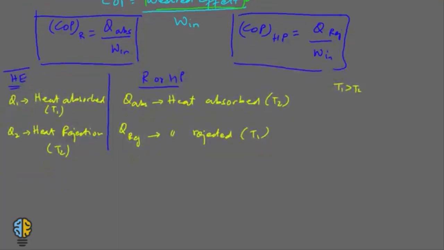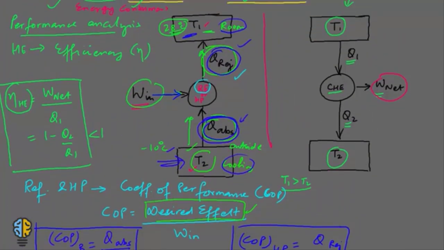Now, you have some net work output from this and you have some net work input for this. If you go back to the diagrams, okay, this is the system in the case of a heat engine. Whatever comes into the system, this is the input to the system, that is equal to the output of the system. So I would say that Q1, which comes in the system, is equal to W net plus Q2.